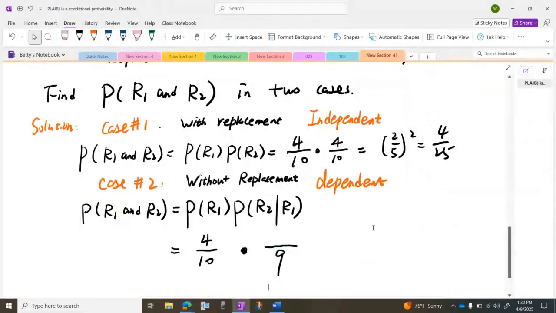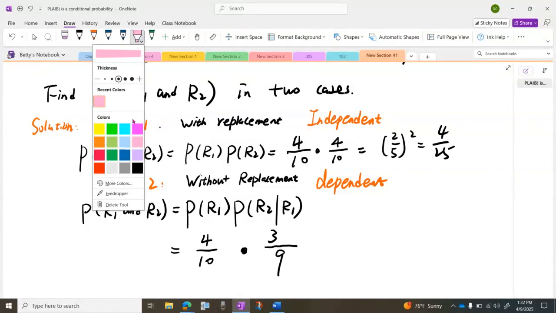Perfect. I think it's pretty clear. If it's not, please let me know. Does that make sense? The only difference is this part.